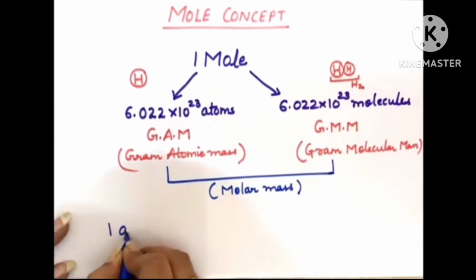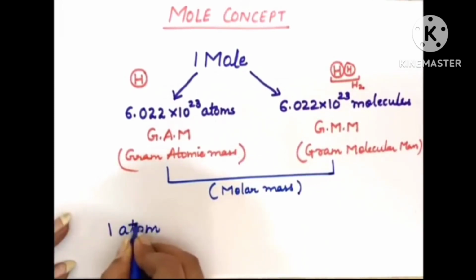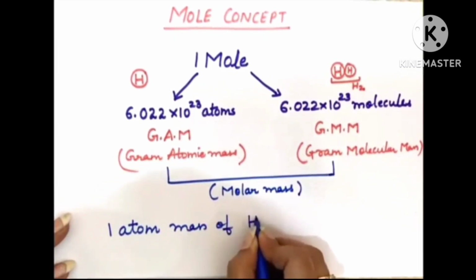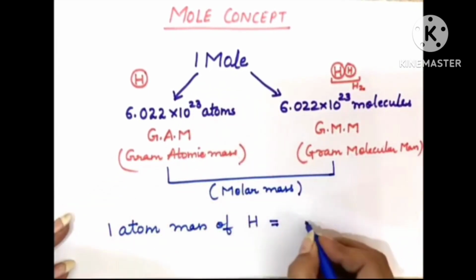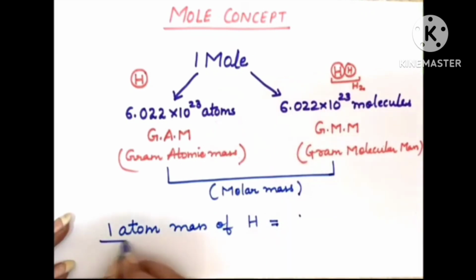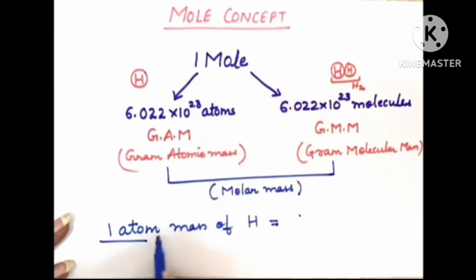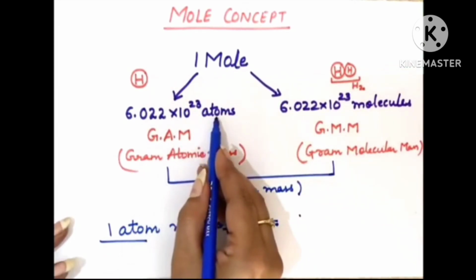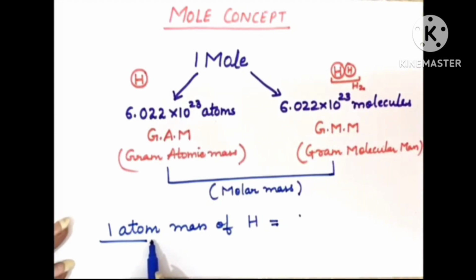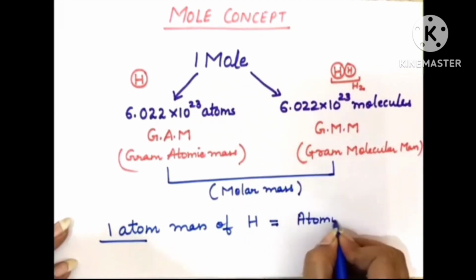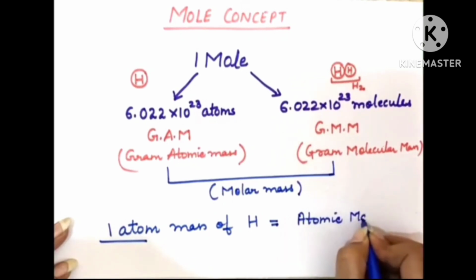So the mass of 1 atom of hydrogen, for example, if I am taking the hydrogen element, is just 1 atom mass, not these many atoms. Then this is not known as 1 mole, because I have not taken 6.022 × 10^23 atoms. I am taking just 1 atom. So that is known as atomic mass.